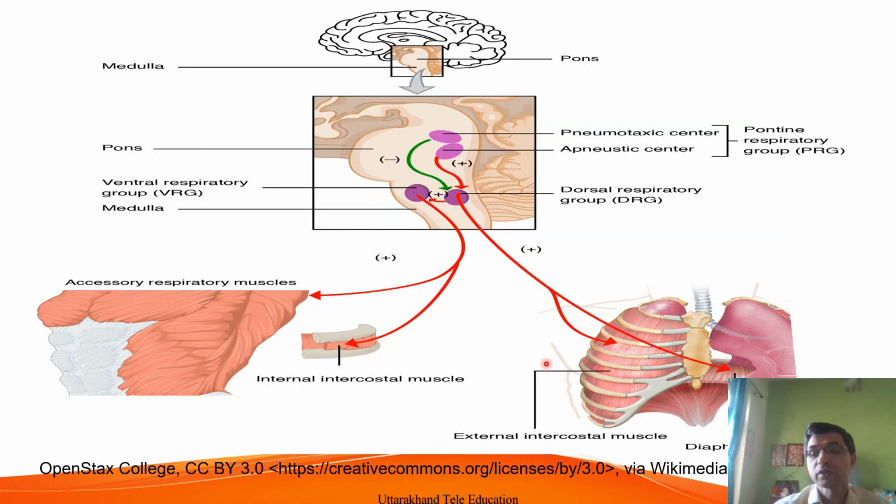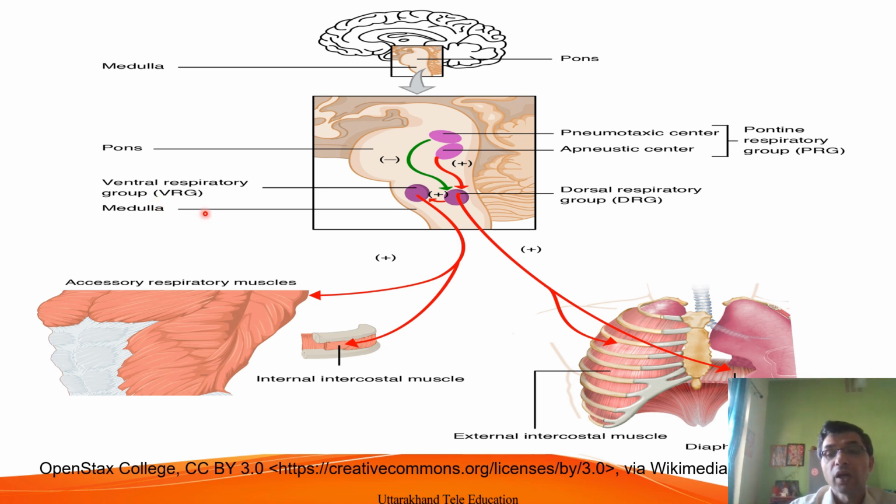Now you will see here how the respiratory process is regulated. In the medulla and pons, the main structures regulate this respiratory process. Here is the dorsal group of respiratory neurons, and here is the ventral group of neurons. The dorsal respiratory group of neurons regulates the inspiration process, and the ventral respiratory group of neurons regulates either expiration or inspiration.